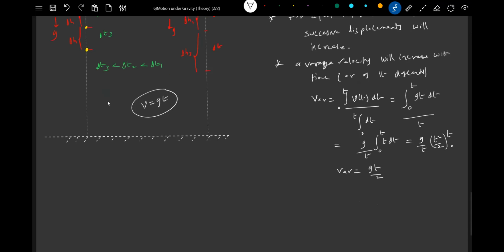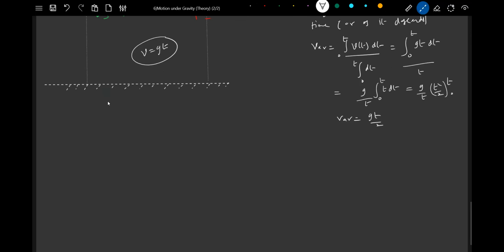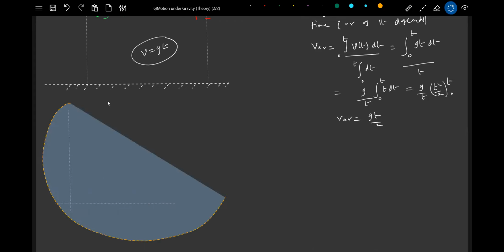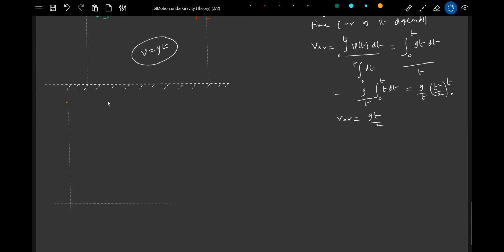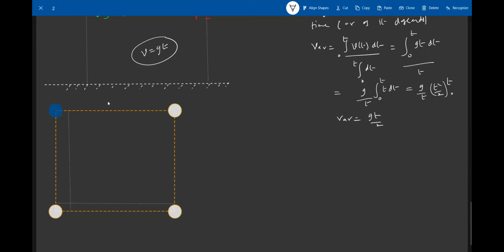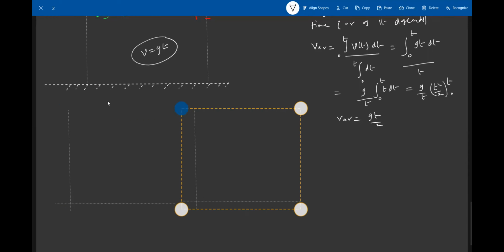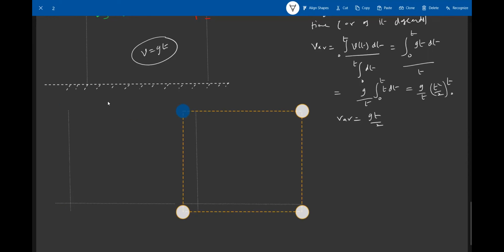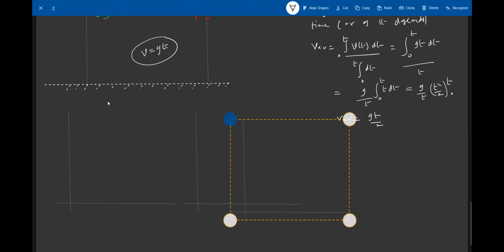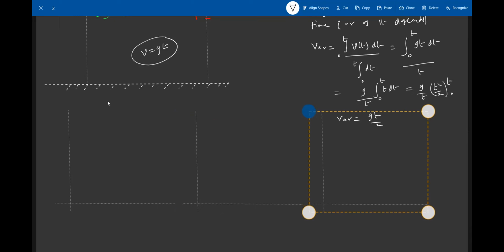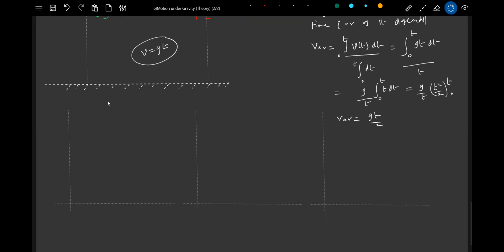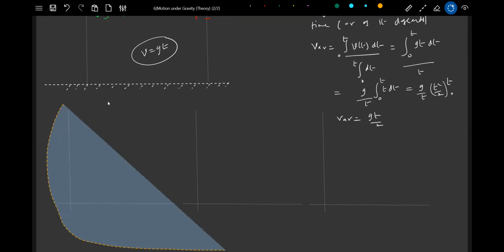So can we go for any plots? Once again, I'm going to bring all the plots here for a freely falling body. Once again, we'll bring all the plots at one place.